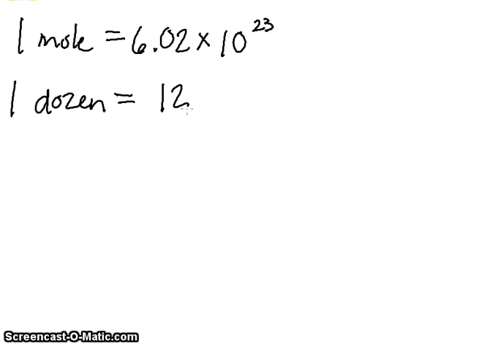One thing that is important about this is that, like the dozen, the mole does not refer to any specific type of measurement. For instance, we could talk about dozens of bagels, dozens of eggs, dozens of donuts, and each time it just means that same number, 12. In the same way, 1 mole can represent 6.02 times 10 to the 23rd atoms, or that many molecules, or that many stars. It really doesn't matter.